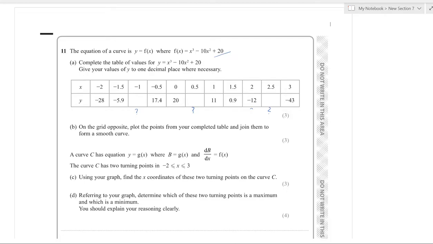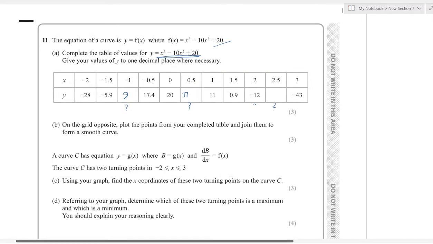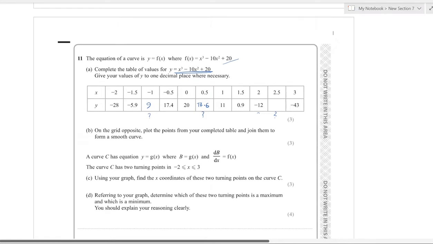When we substitute the value -1 into this equation, you get the value for y is 9. And again, when you substitute the value 0.5 into the equation, you get y is 17.625. But as we can see that all the values of y are kept to one decimal place, so we are also going to keep our value as 17.6.